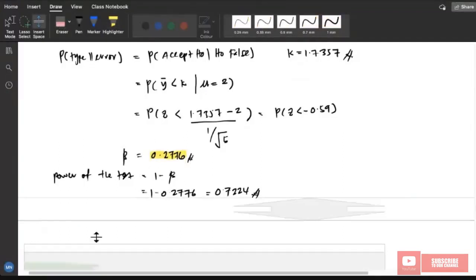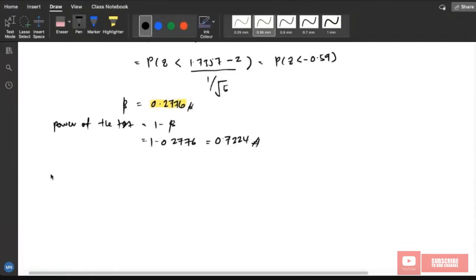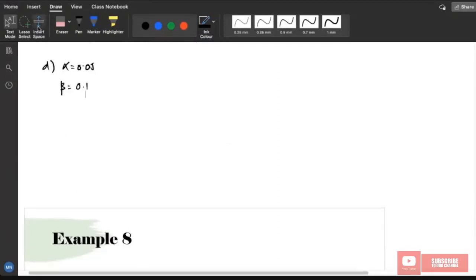The question asks us to reduce the value of beta. So alpha remains 0.05, but instead of 0.2776, we want beta to be 0.1. Now we want to determine the sample size and the critical region we need to set so that the probability of type 2 error is 0.1. So this is going to be very tricky, and I will take a longer route.